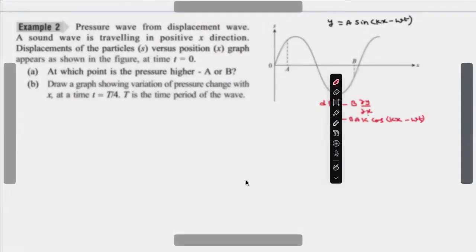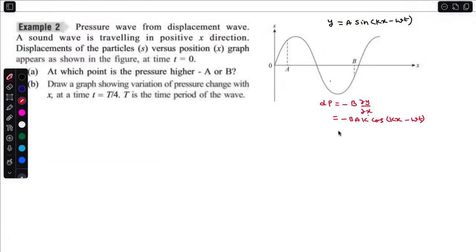Now the question that arises is, you have a pressure wave, minus BAk cos(kx minus omega t). So I need to draw the pressure wave equation. For this, I require some technical observations. Please try to understand. That's one maximum.